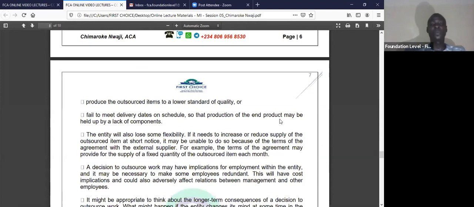For example, will they produce items of lower quality or of lower standard? Because you don't have major control, you have to ask yourself, are you not running a risk of getting substandard, lower quality goods being produced? Now, will they fail to meet your delivery dates on schedule? If they fail to meet your delivery dates, you will lose the customer.